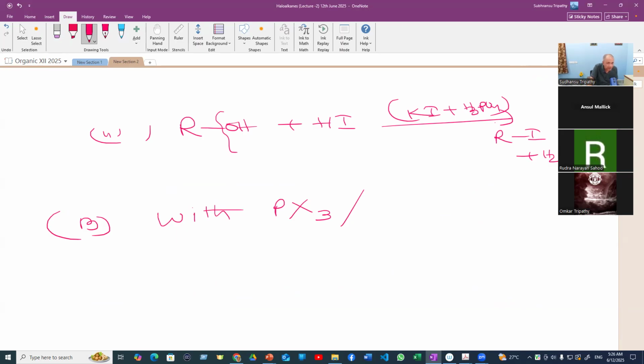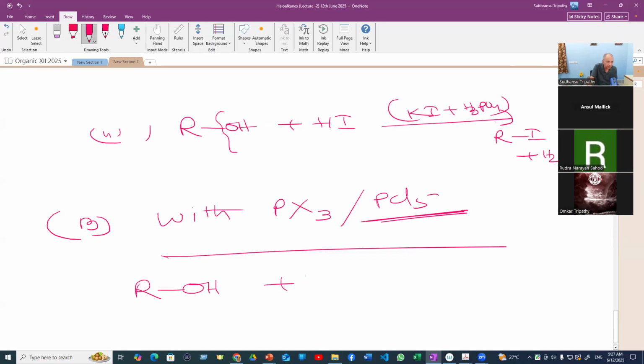But since PBr5 and PI5 are unstable, only PCl5 can be used for alkyl chloride. But for bromide and iodide, you can use PBr3 and PI3. You cannot use PBr5, which is unstable. PI5 is still unstable.